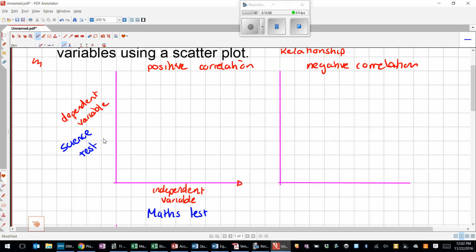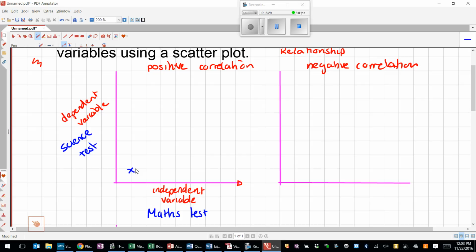But in terms of plotting a scatter plot, if we have a positive relationship, each point on the scatter plot will represent one person. So if I put a point here, how would you describe that person and their ability in maths and science? Not very good at both.